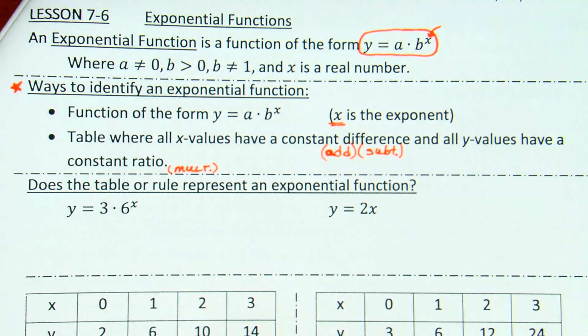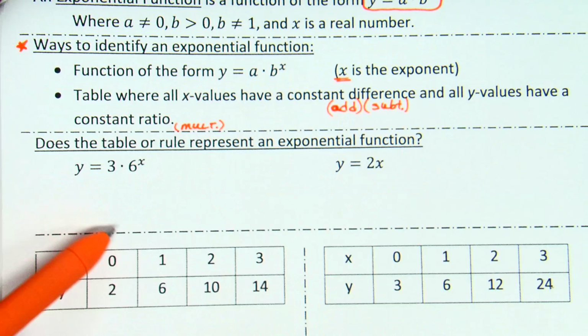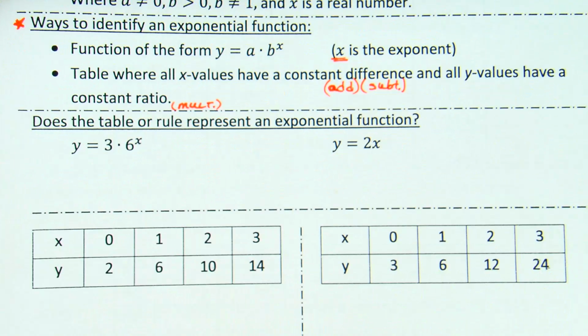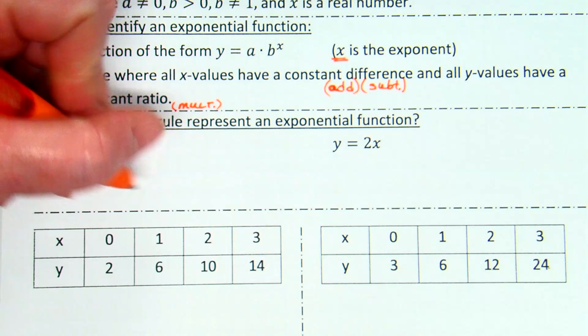So, part of what we're doing today in the notes is, does this represent an exponential function? y equals 3 times 6 to the x. Because the exponent is an x. If you look at the form, y equals a times b to the x, here's the key: x is in the exponent.